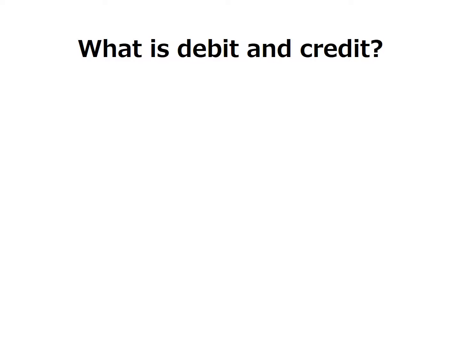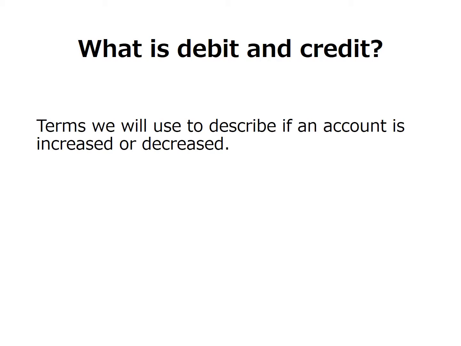What is debit and credit? In our analysis, we use the words increase or decrease to show how the transaction affects the account. In this lesson, we are going to replace the words increase or decrease with debit and credit. Debit and credit are accounting terms.